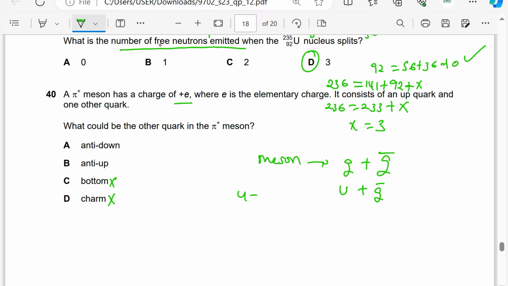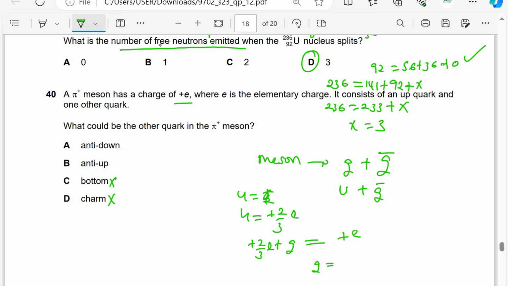Remember, an up quark has a charge of positive 2 over 3E. Then the other quark we don't know, so we say positive 2 over 3E plus the other quark, which we don't know, should be equal to positive E. So what is Q? I'm finding the charge for the other quark.